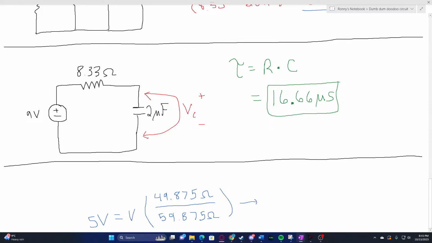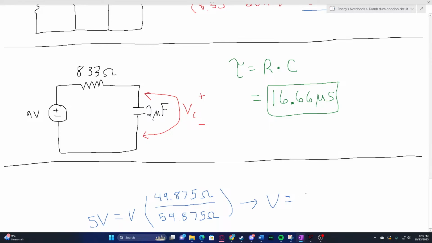So V then, if I calculate that out, that's going to be 5 volts times, I'm going to use the real value in my calculator. Yeah, there we go. And then we divide by 49.875. Six.